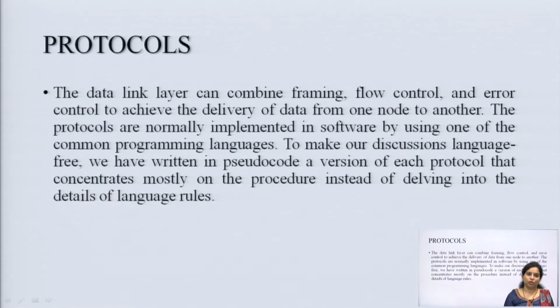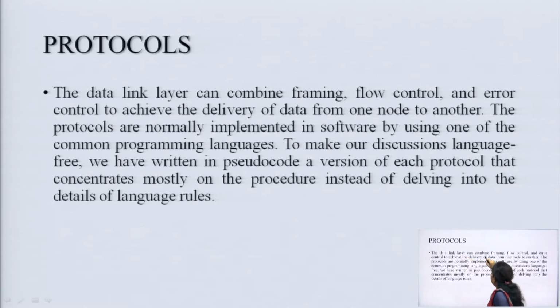Next, we will move to protocols. What are protocols? Protocols are a set of rules that have to be agreed upon by both the transmitter and receiver. It has to be agreed that the transmitter will transmit in a particular language, let us say French, and the receiver will also receive that information in French. So, this is the set of rules that has to be decided by both transmitter and receiver.